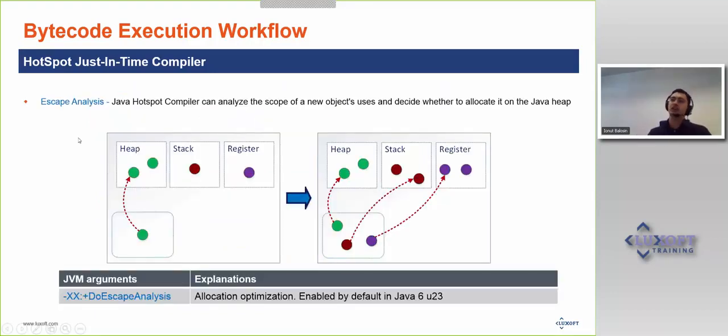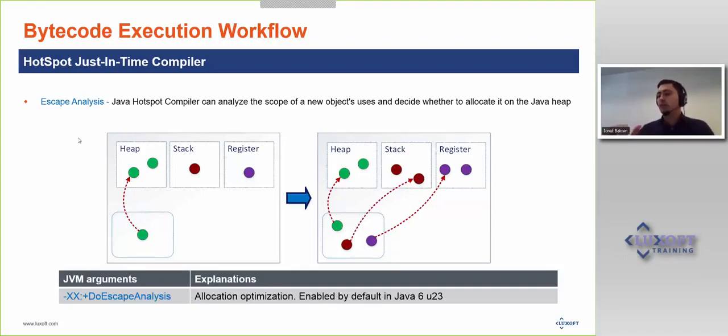Another interesting optimization is escape analysis. Escape analysis means it doesn't make sense to create an instance of an object and push it on the heap if the scope of the object is local.